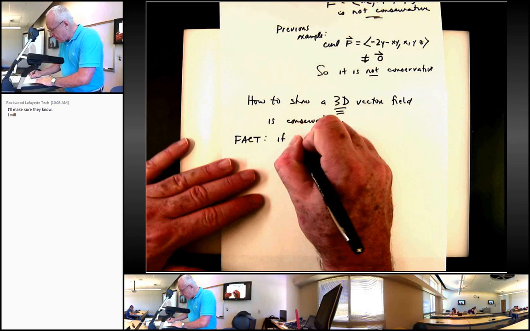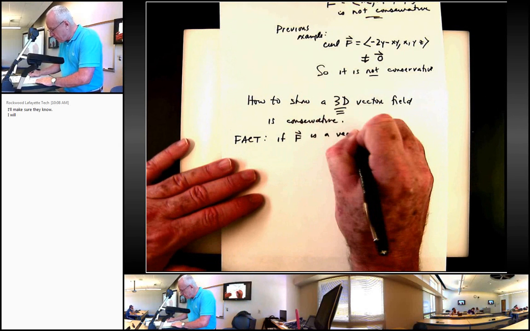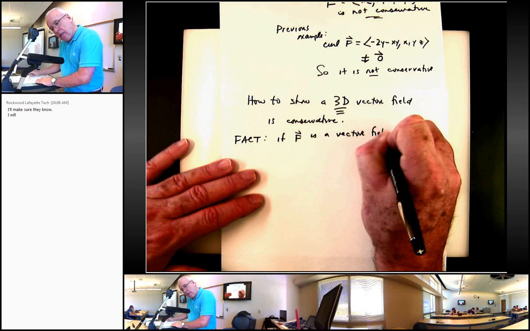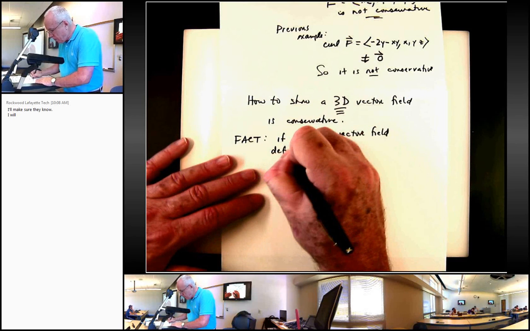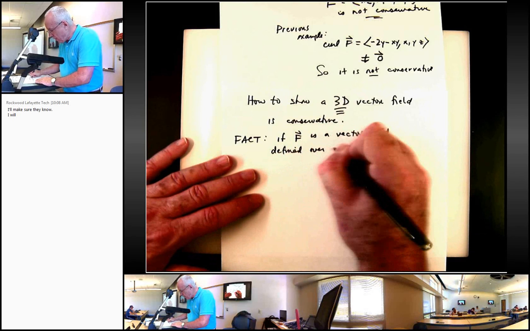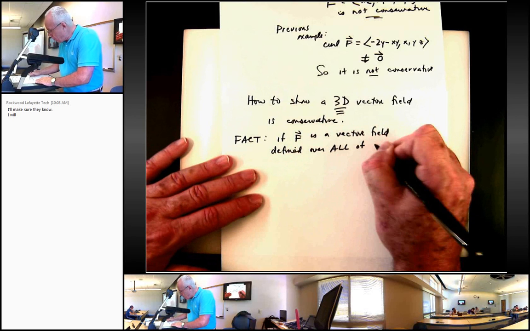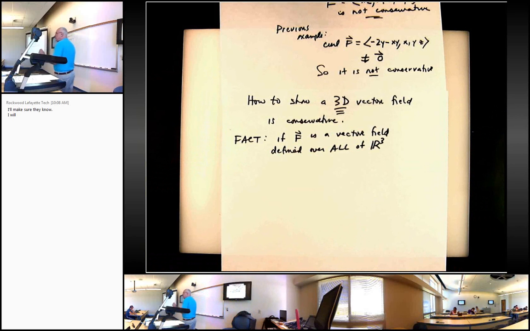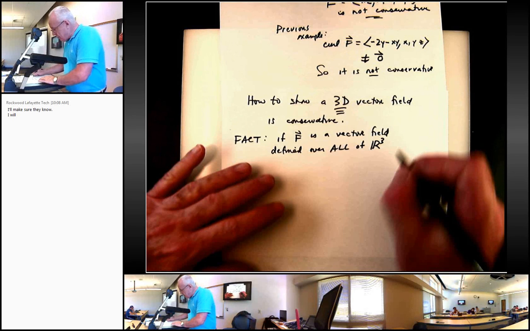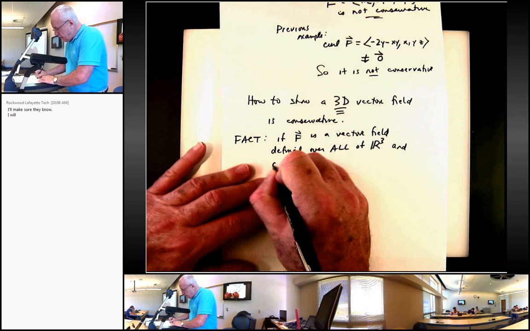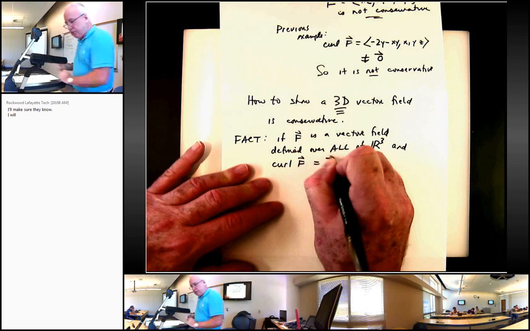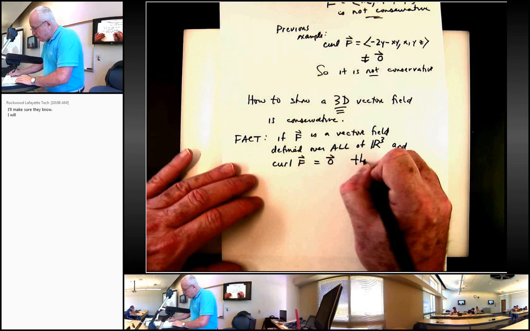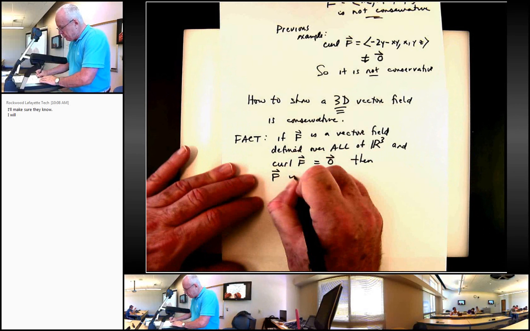If F is a vector field defined over all of R3, so in other words, for every combination of x, y, and z, this vector field has a defined value, and the curl of the vector field is identically equal to the 0 vector, then we can conclude that F is a conservative vector field.